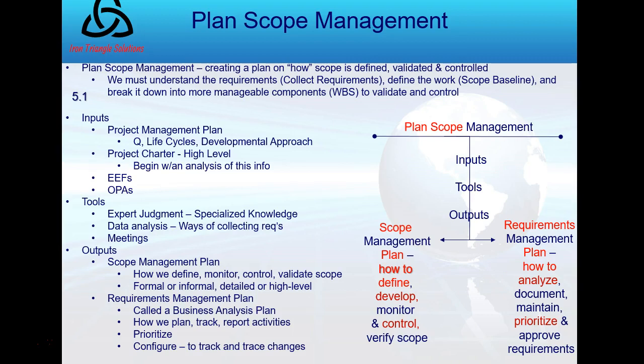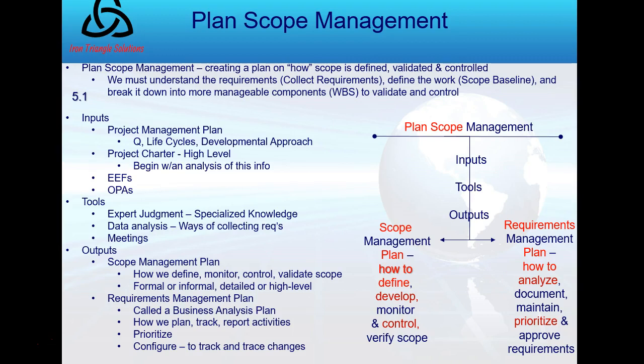Okay, then I'm going to have my outputs, my scope management plan, which is my typical how the scope will be defined, controlled, and validated. And most management plans are about control. Okay, this is the typical plan, how to define, develop, and control the scope.